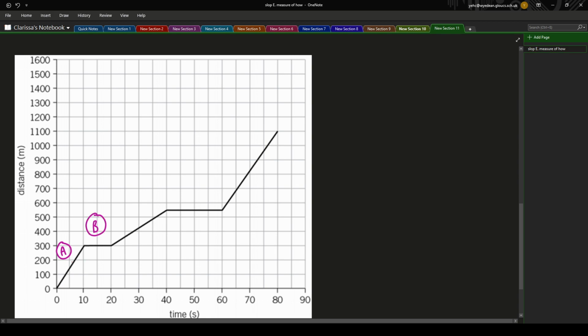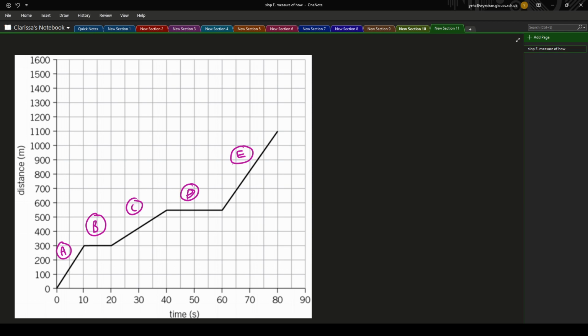So here's a bit of the graph, and you'll notice that because the graph changed, the motion's changed, then the motion changed again, and again. The only reason I'm labeling this is just for you to see all of the different sections of this graph.